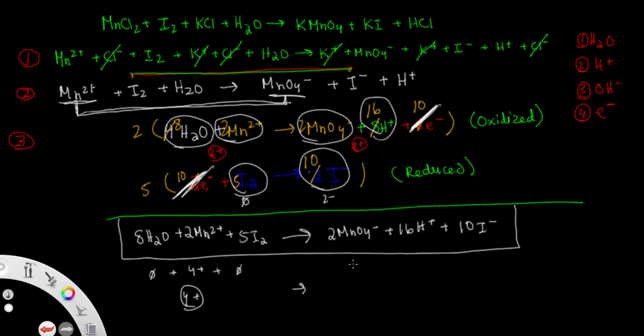Over here we have 2 minus, plus 16, minus 10, because it's a 10 minus charge. So minus 2 plus 16 is plus 14, and plus 14 minus 10 is a plus 4 charge. The overall charges of the reactants and the products balance out, so we know that this is our balanced redox reaction.